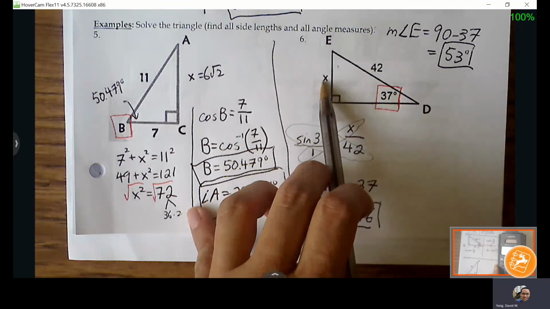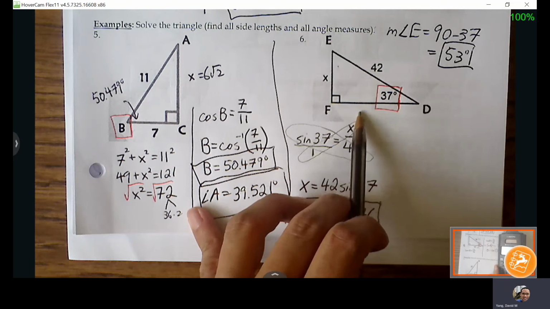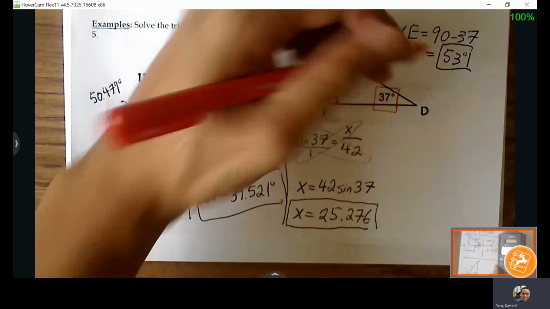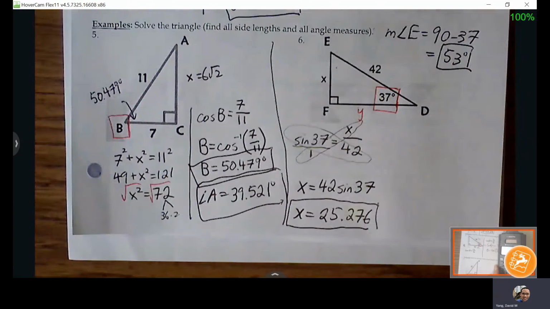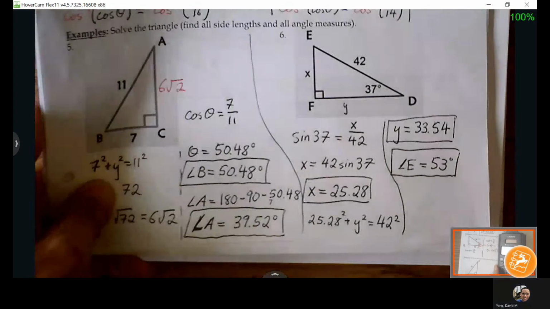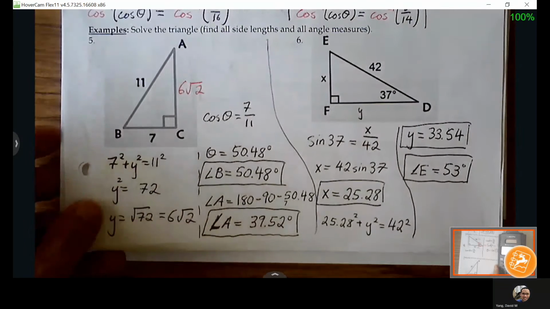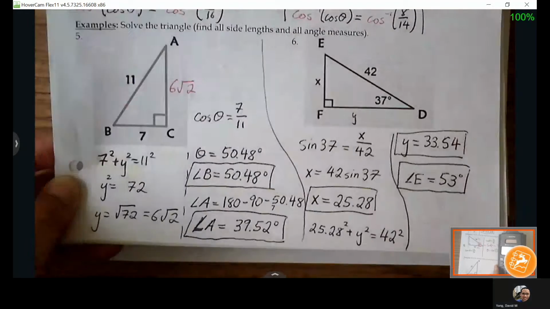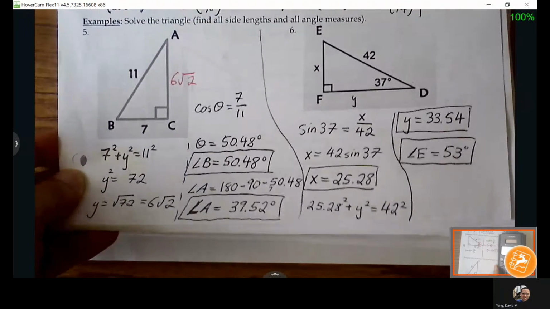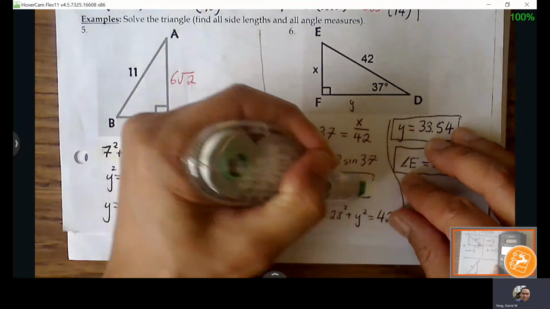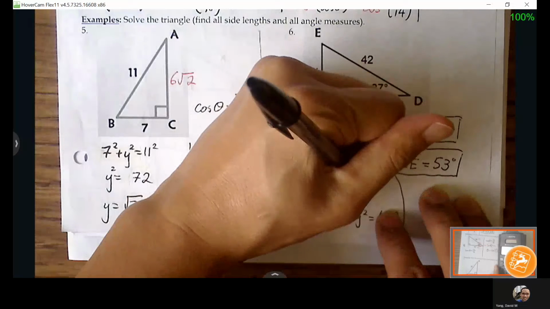I know what x is, so if I have 2 sides of a right triangle, I can find the third missing side by using what? Pythagorean theorem. Okay, I'll call this y here, and I'll just go through a squared plus b squared equals, or x squared plus y squared equals z squared.